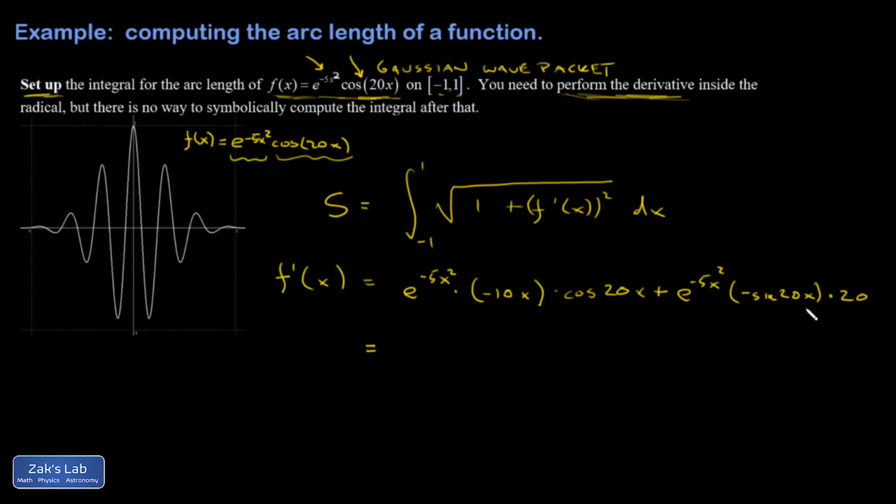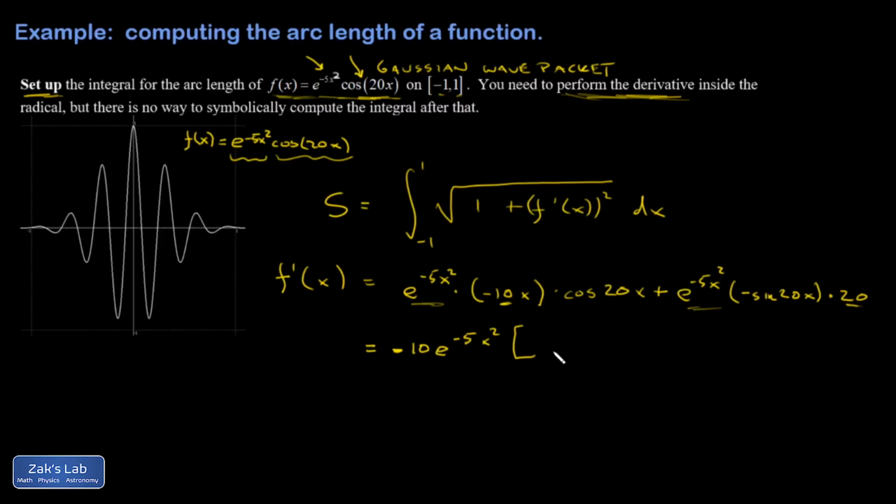I can factor out a 10 from each term. It leaves a 2 in the second term, and then the e to the -5x squared is also common. And both of these are negative, so I'm going to pull the minus out too. Minus 10 e to the -5x squared. And yeah, I think I'm happy with that.